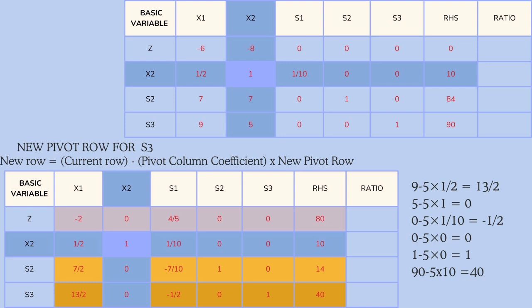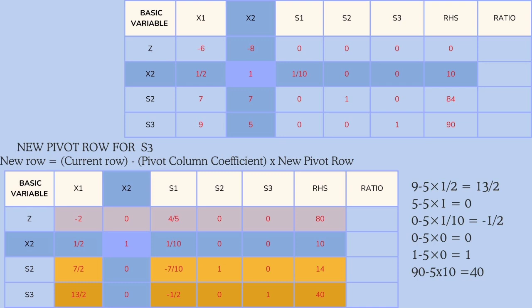Then, ang pivot column coefficient niya is 5. Then, ang new pivot row, ganun pa rin, wala namang pinagbago, is yung 1 half, 1, 1 over 10, 0, 0, 10. Ulitin lang yung formula. Ganun lang din sa Z tsaka sa S2.